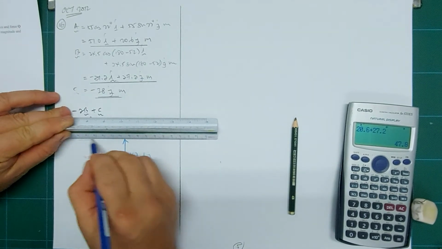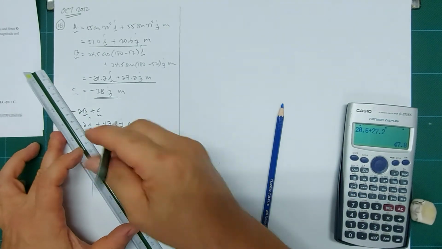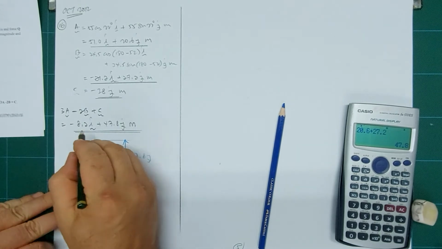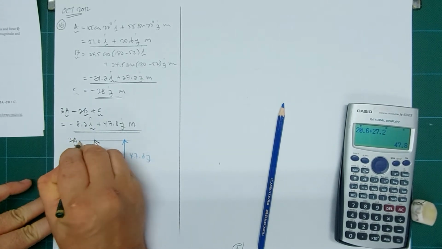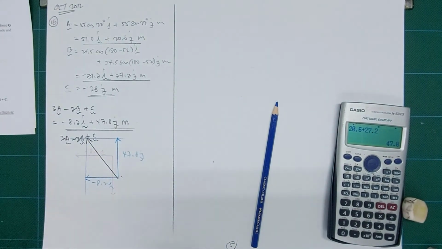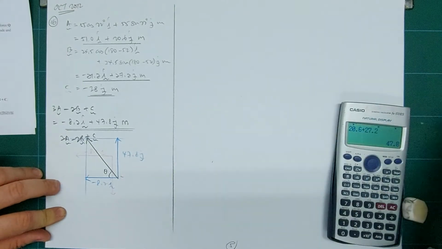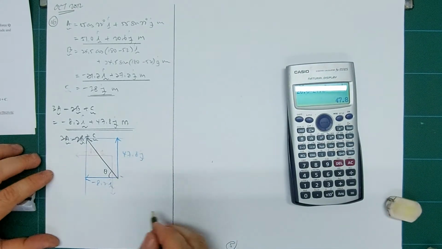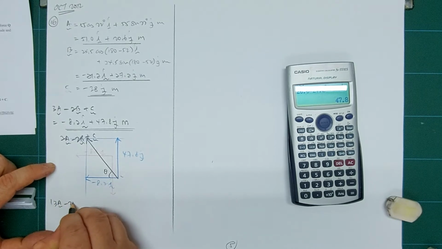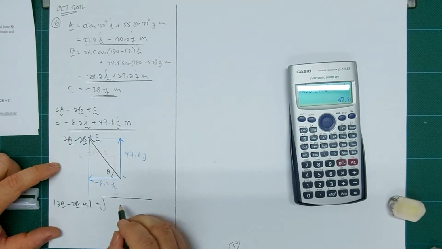So now you combine those two horizontal and vertical components, you get this vector, and this vector here is your 3A minus 2B plus C, the pencil one. And you need to give an angle also. We call this theta. Now magnitude of 3A minus 2B plus C is simply the square root of the component square.